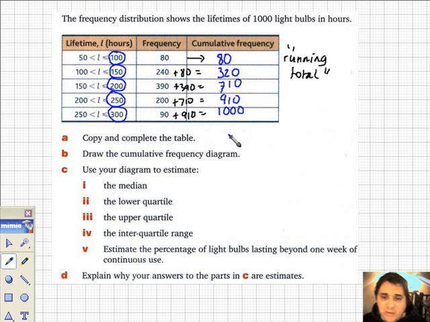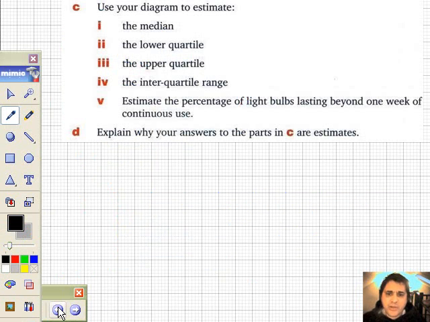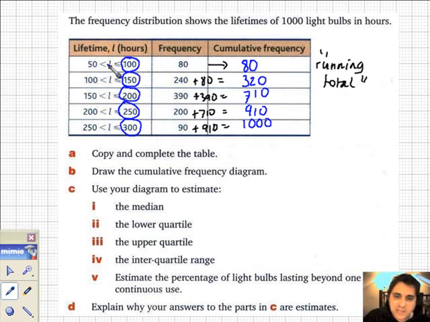Right, copy and complete the diagram. We've done that. Draw the cumulative frequency diagram and use your diagram to do X, Y, and Z. Already done. What I've done, it's really important that you note this, go back another page, I have used the upper bound of each class. As I said before, under frequency polygons, this grouping is called a class. And that's the lower bound of the class, and that's the upper bound of the class.